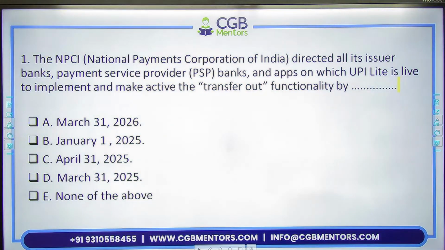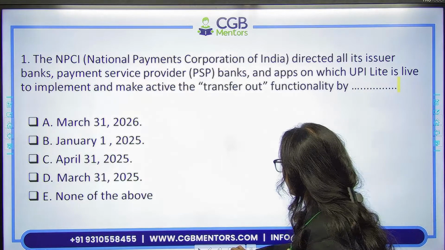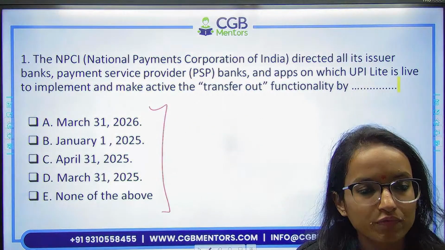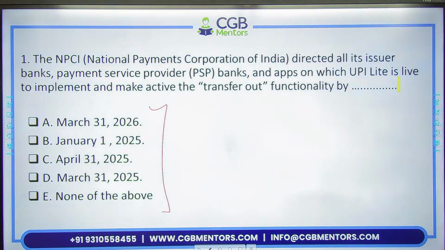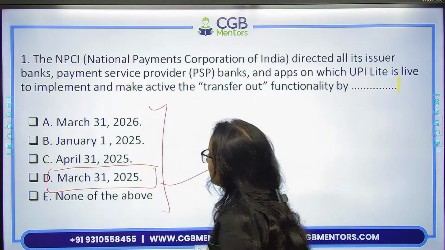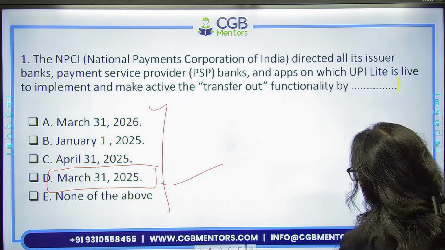NPCI recently has directed all apps that provide UPI Lite to make transfer out functionality available by when? Transfer out functionality would be available by. So remember, 31st March 2025. The correct answer would be 31st March 2025, option D.